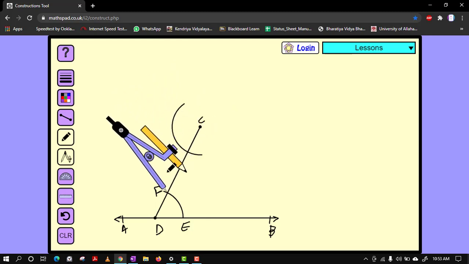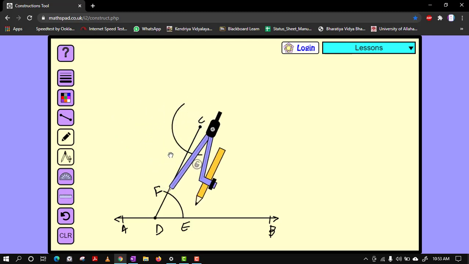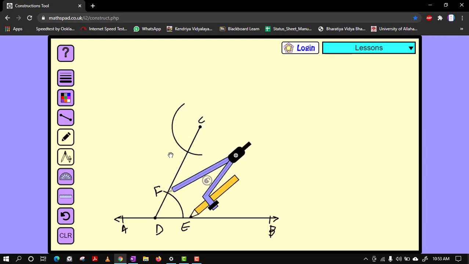To measure the angle, we don't require a protractor, because the question has clearly said that you have to do everything using scale and compass only. So you have to measure the angle like this. You can see I have put the needle on point F and the pencil point on point E. So this is the measurement of the angle. I don't know the value, but I know that this much is the magnitude of the angle.